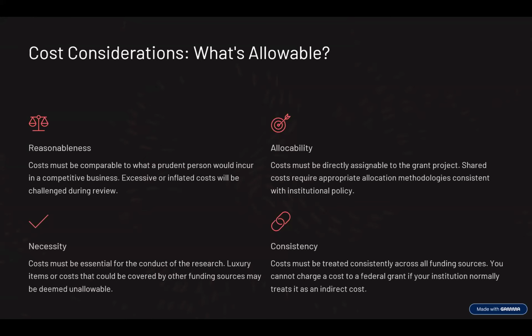Excess or inflated costs will be challenged during the review. We have to remember that when you're submitting a grant, there are many people submitting, and most times it's taxpayers' money, or if it's private, they are not just going to give out money without looking at your budget to ensure that what you are requesting, what your plan, is reasonable.